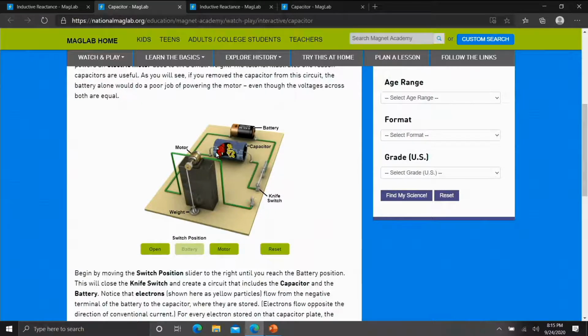So now we have a deficit of electrons on the left side of our capacitor, and we have excess electrons on the right side of the capacitor.